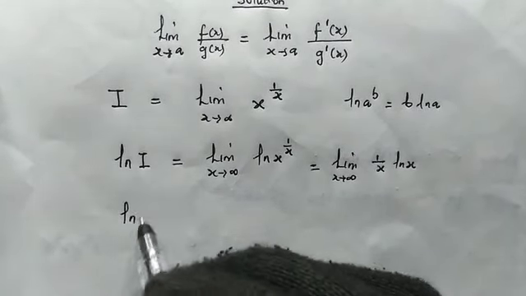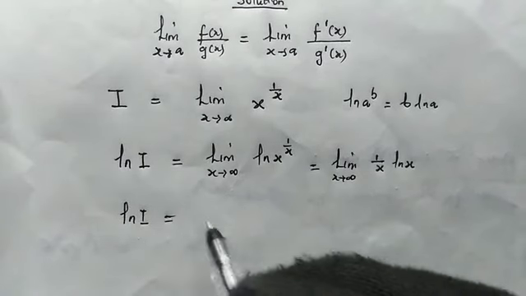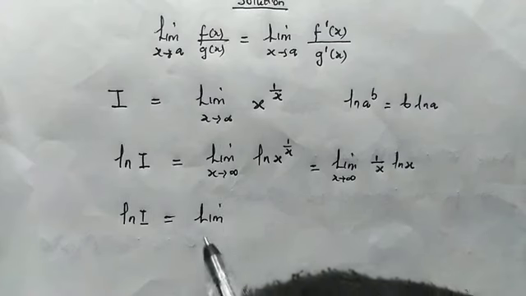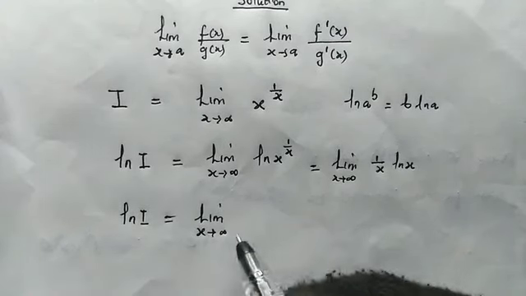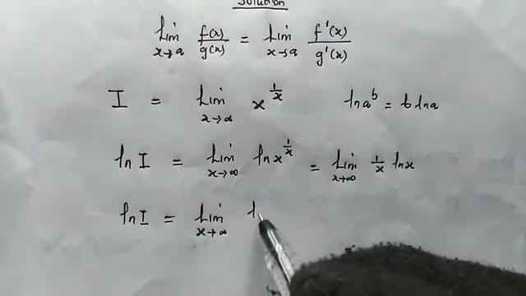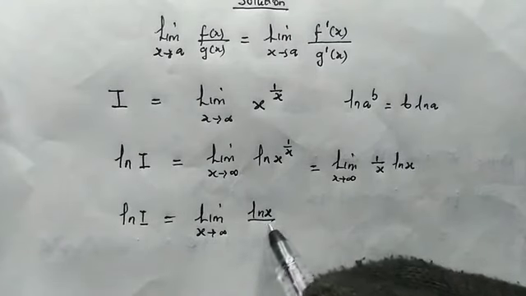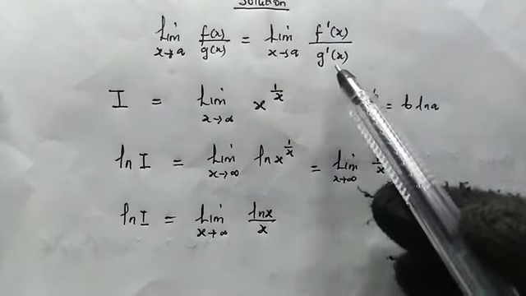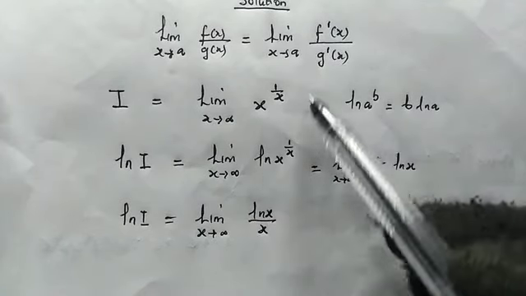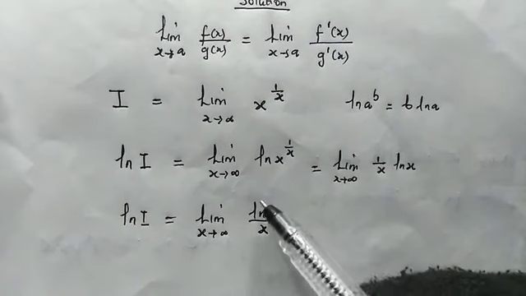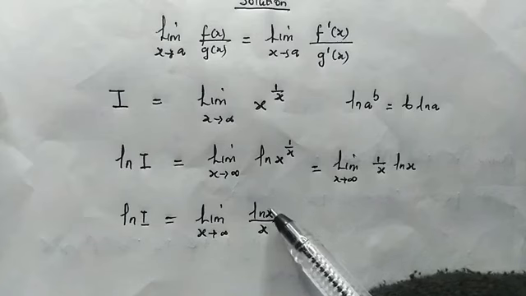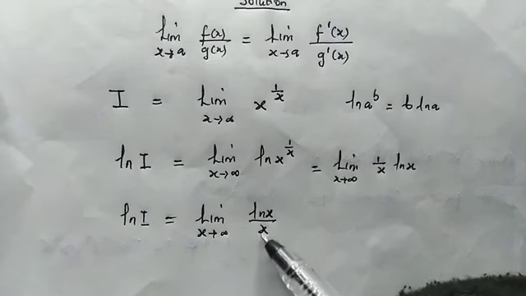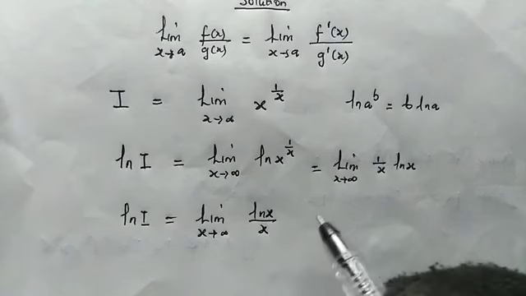From here we get the natural log of I equal to the limit as x approaches infinity. We can write that as the natural log of x divided by x. Now we can make use of this theorem, because we have the numerator as a function of x and the denominator as a function of x as well.